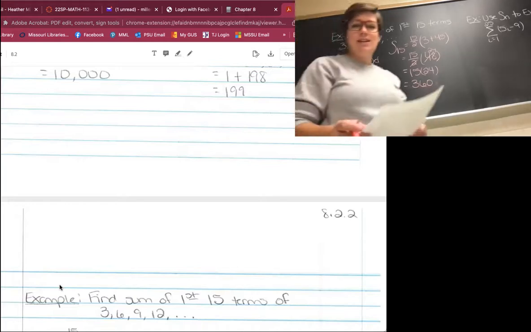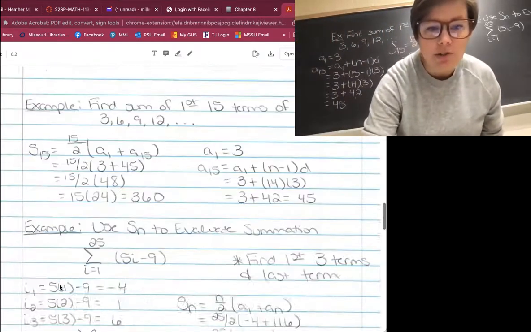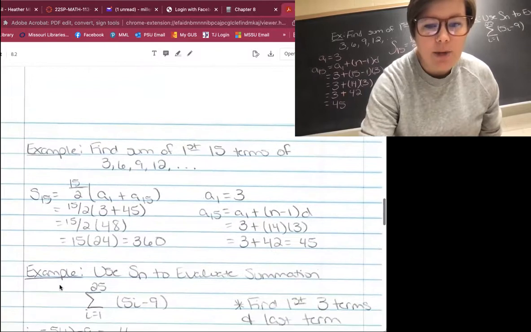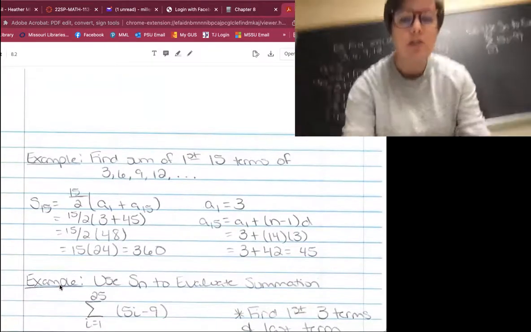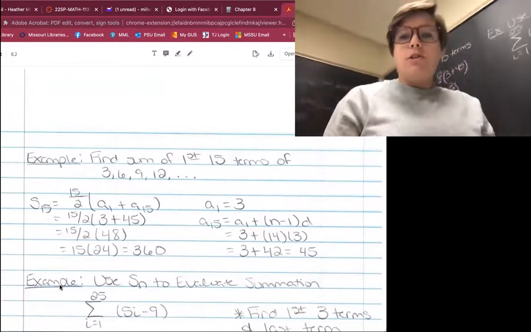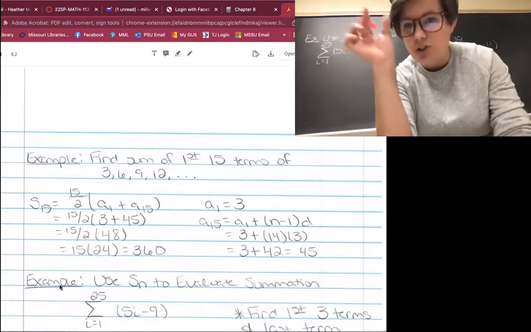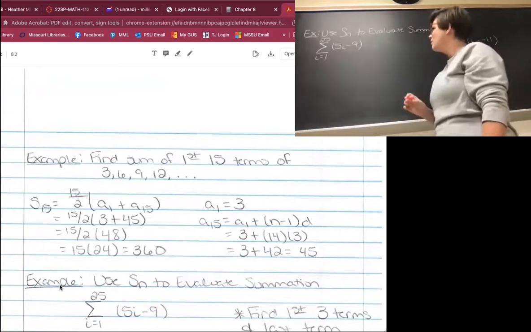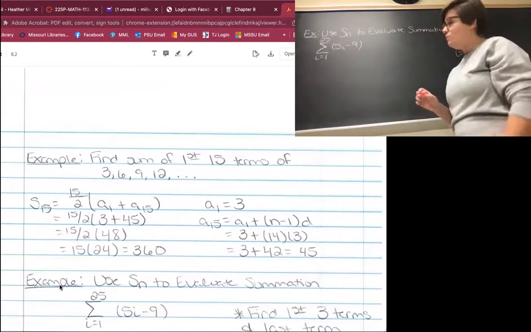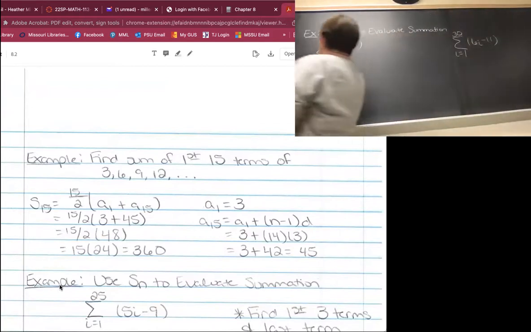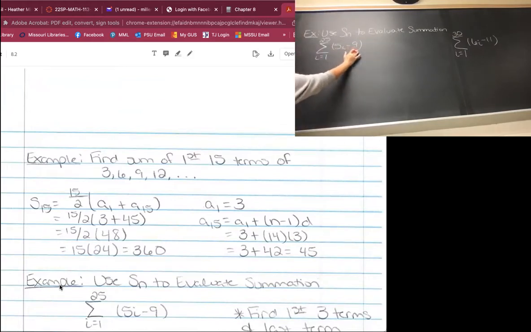So as I've already stated, what's really nice about this new sum formula is that we can use it to find a summation without finding all the individual terms within our summation. So for this example, we have the sum of 5i minus 9 from i is 1 to 25.